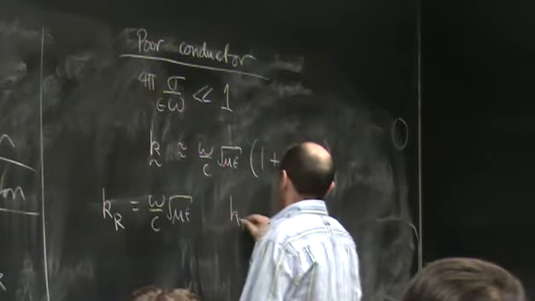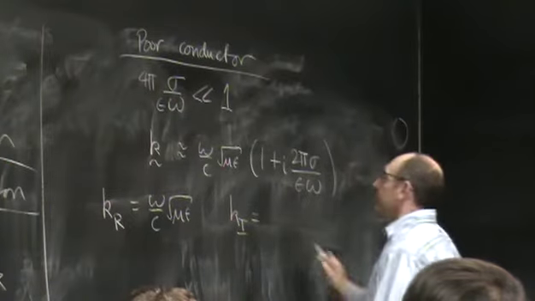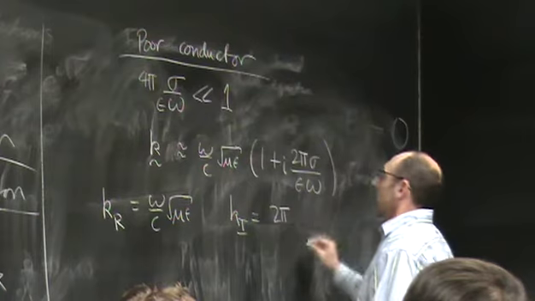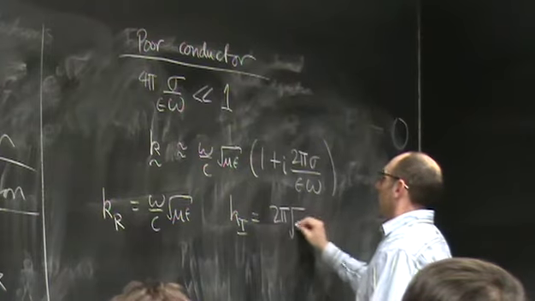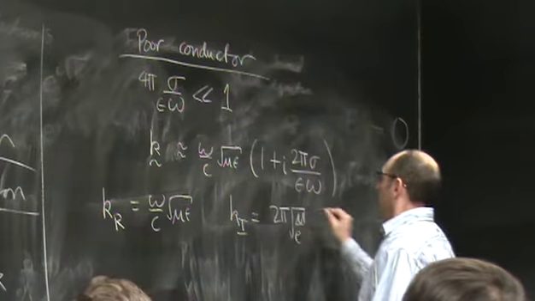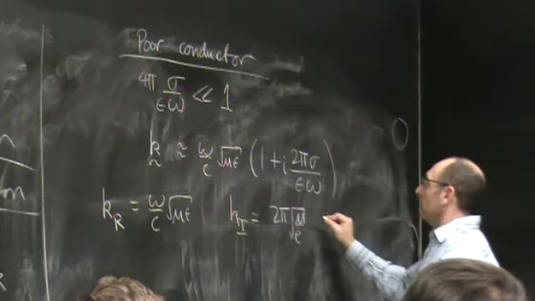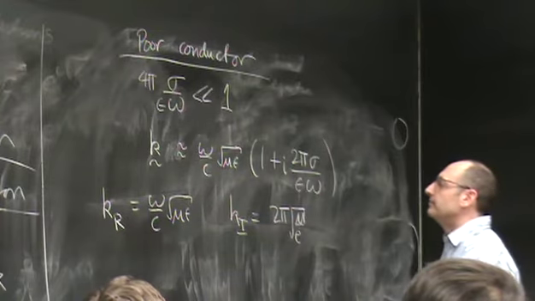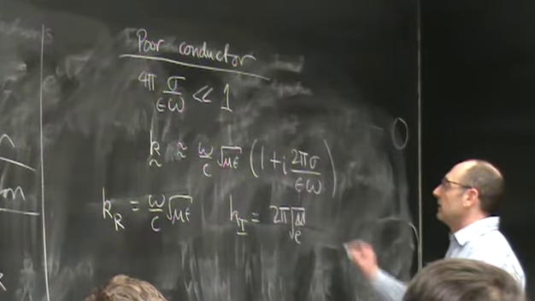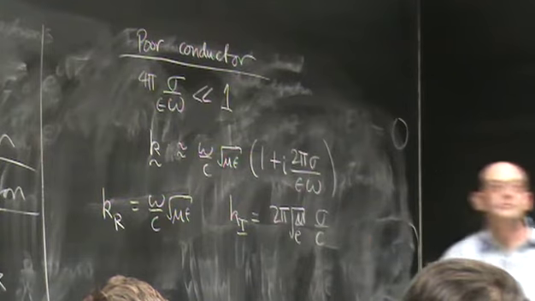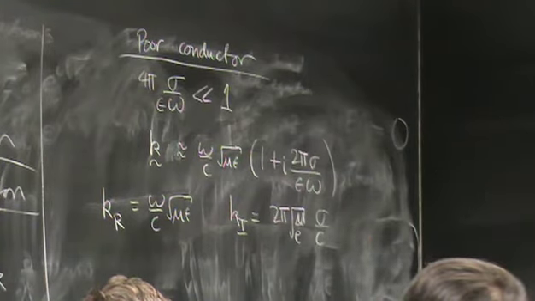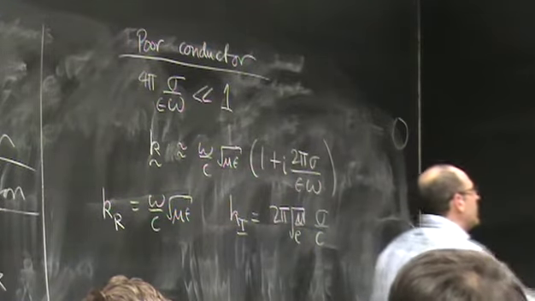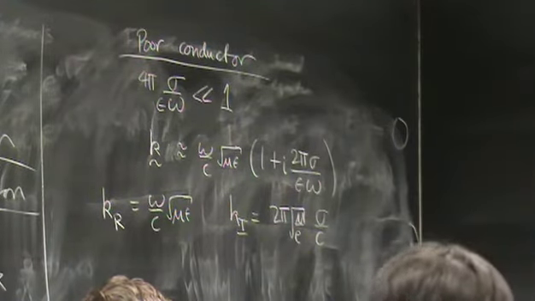And the imaginary part now is equal to 2 pi square root of mu over epsilon, sigma over c. Did I do that right? I think I did. Yeah. All right. So what does the wave propagation look like?